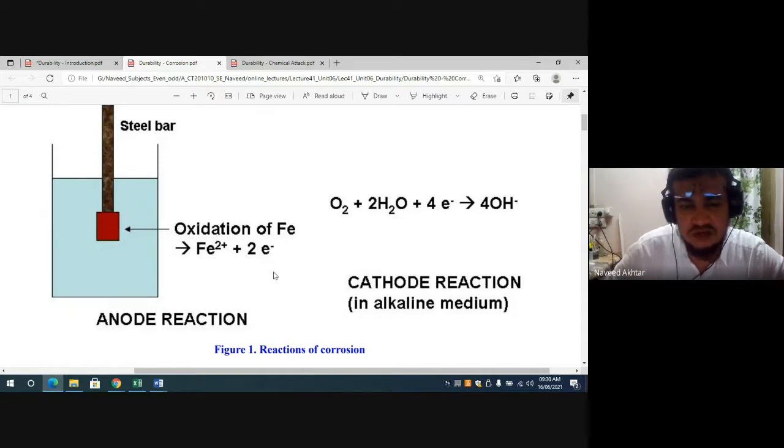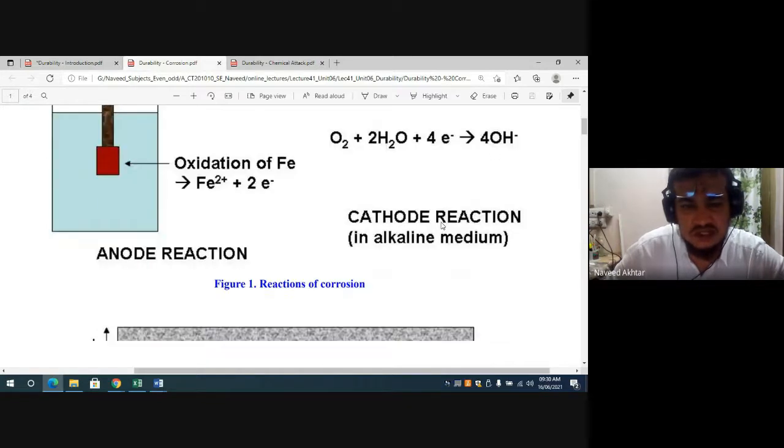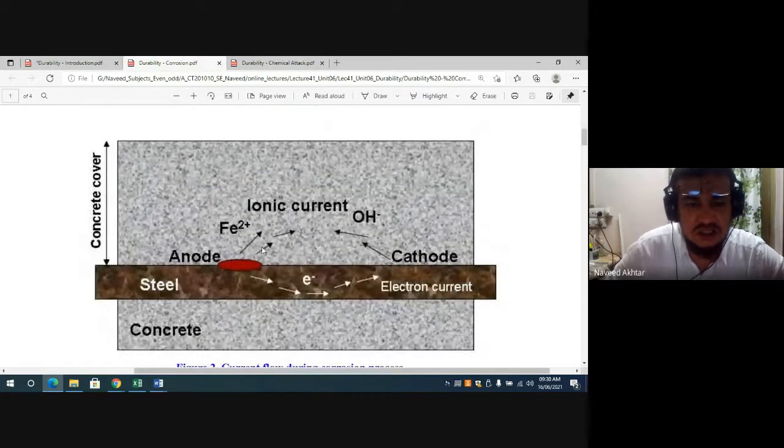Then O2 plus 2H2O and 4e- will produce 4OH- ions. In this reaction, the ionic current is carried by OH- and Fe2+, and the electron current by e- between the anode and cathode in the steel.